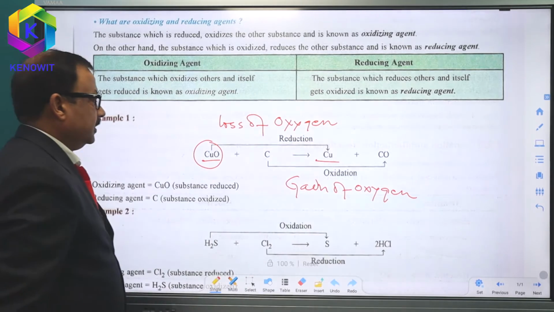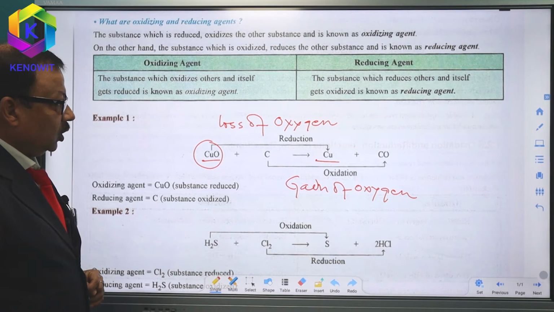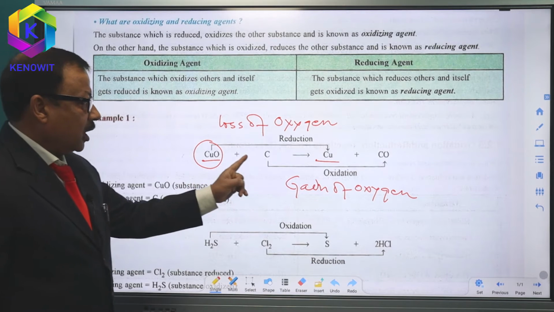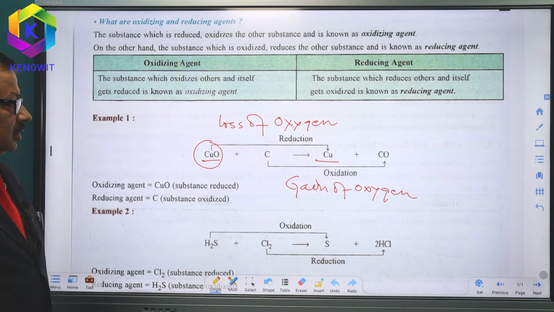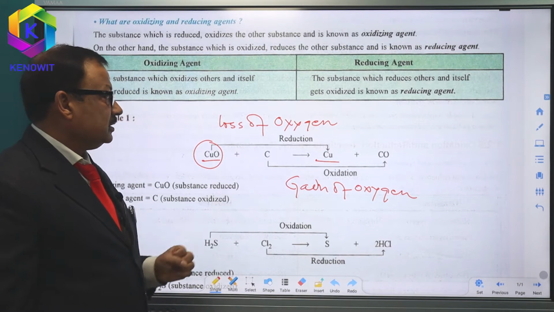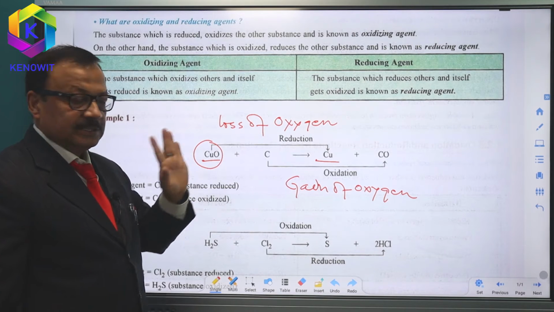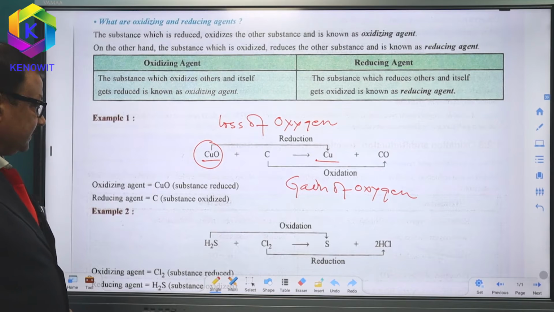So finally, copper 2 oxide is converted into copper by loss of oxygen, and carbon is converted into carbon monoxide by gain of oxygen. So basically, removal of oxygen and addition of oxygen. So removal of oxygen is reduction and addition of oxygen is oxidation.